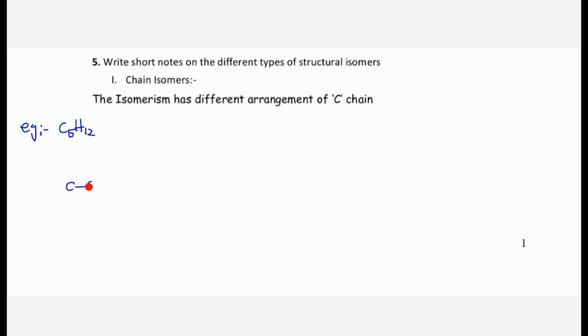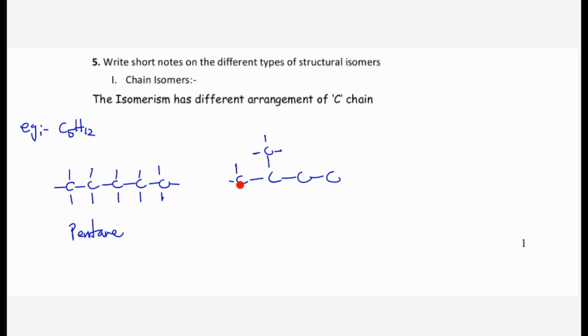I can draw a linear structure. Just to save time, I'm not going to draw the hydrogens, but when you copy, you have to copy with the hydrogens. All this is hydrogen. So this is pentane. Also, I can draw another structure with 4 carbons. This is 2-methylbutane. See, the structure is different. The main carbon chain in pentane has 5 carbons, whereas 2-methylbutane has only 4 carbons.